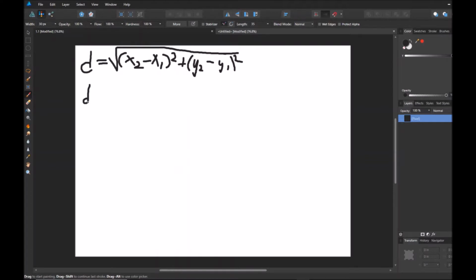So our x2 in this case would be 4, because the point is 4, 2. And then our x1 would also be 4, because it's 4, 5.